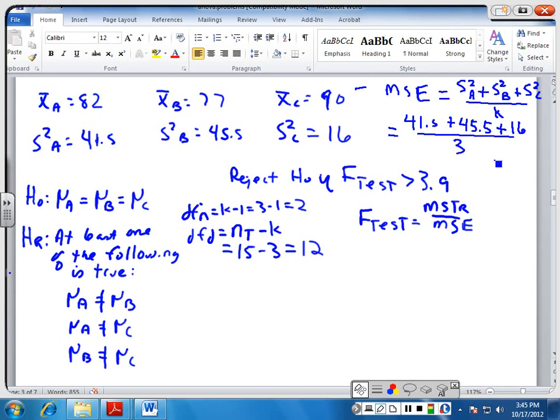And that comes out to be 34.33. And so that's what's in the bottom of here, 34.33.